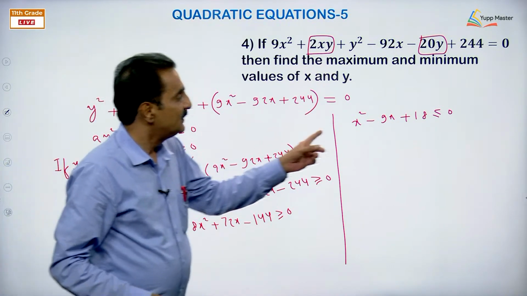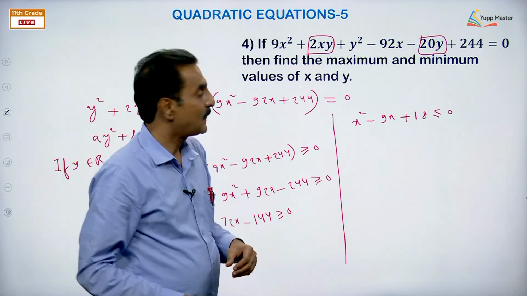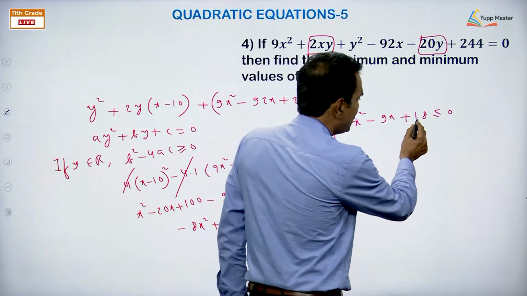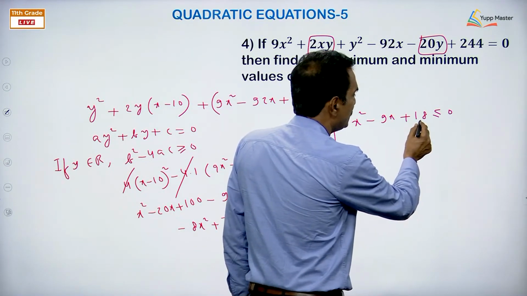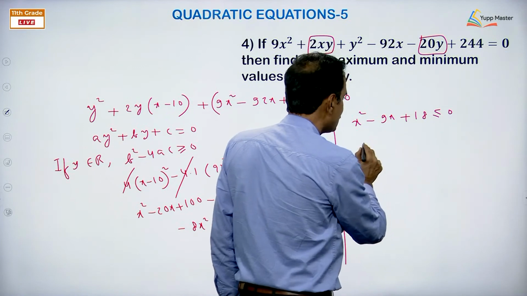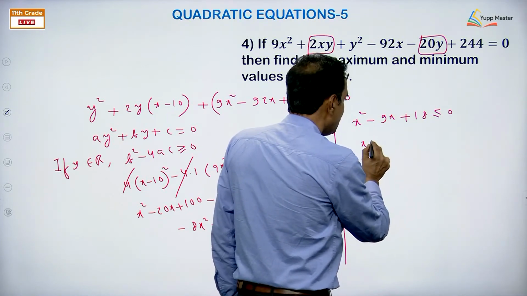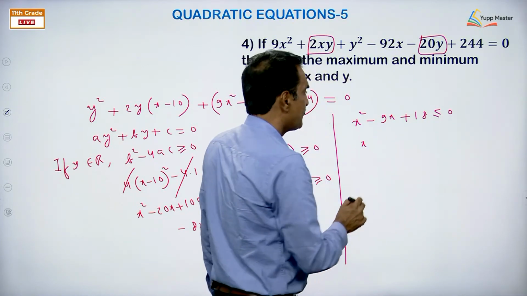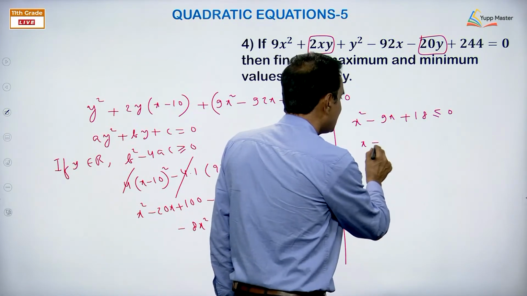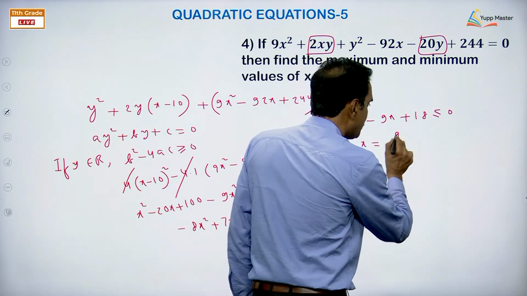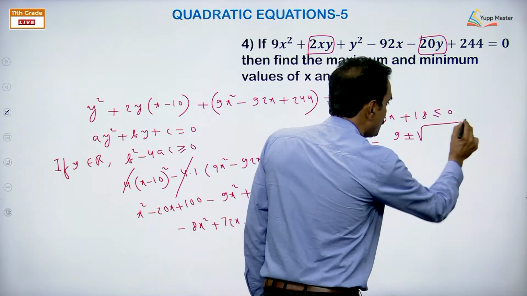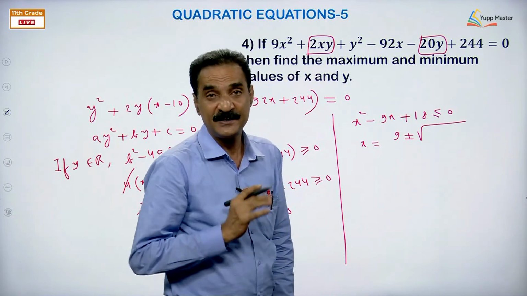Now, how to find the solution of x? Factors are here. You can also solve like this. X square minus 9x plus 18. x is equal to 9 plus or minus root over roots. I am finding the roots.